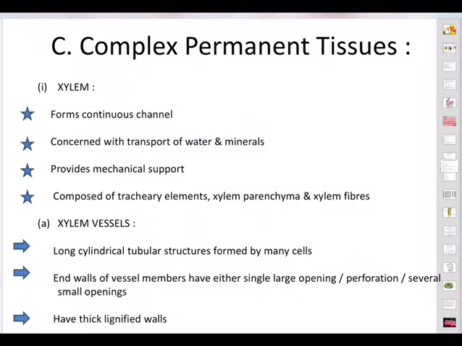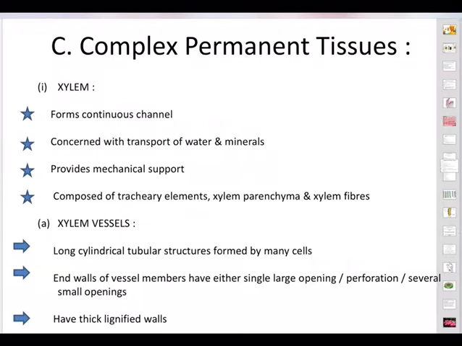It's concerned with the transport of water and minerals, provides mechanical support, and is composed of four types of cells. What are those? Tracheids, first one. Second, vessels. Third one, xylem fibers. Fourth one, xylem parenchyma. So you got four types of cells that make xylem.